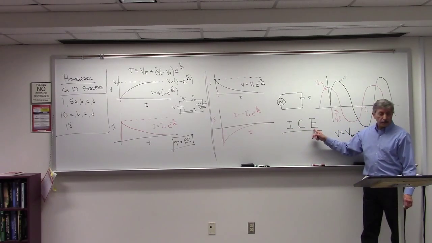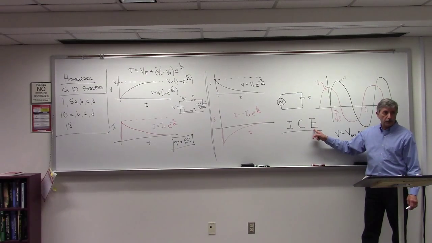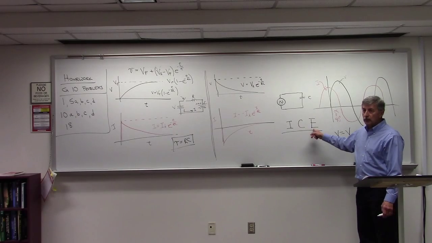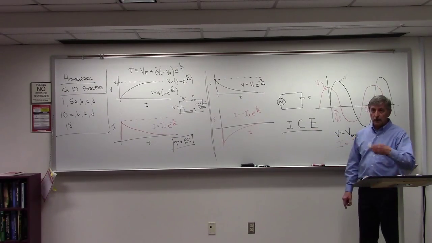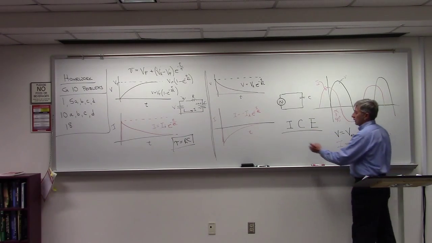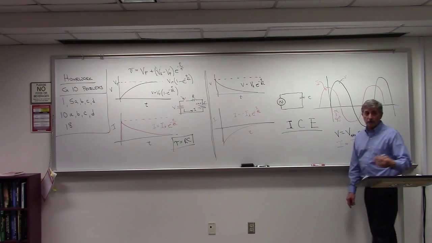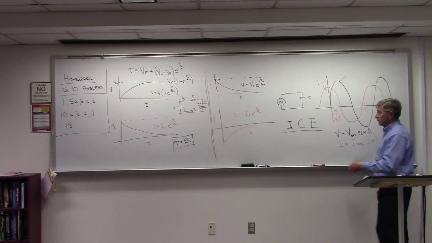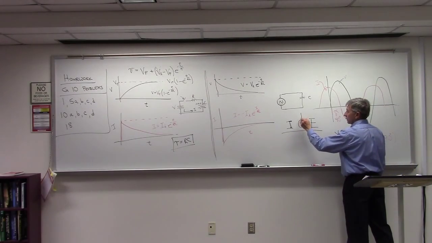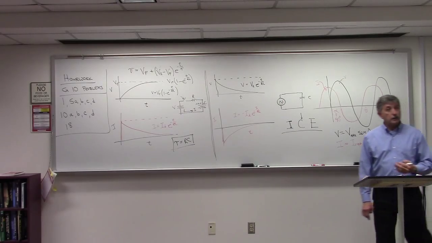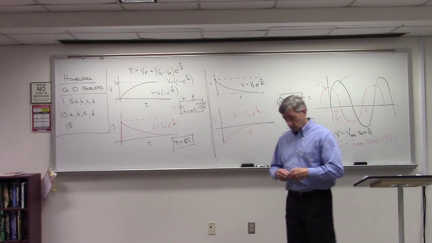This is not the symbol for voltage. The symbol is V, but years ago voltage used to be called electromotive force, and in a lot of places it's stuck. So for the purposes of this memory device, when you have a capacitor, the current leads the voltage. Always, always, always. Current leads voltage.